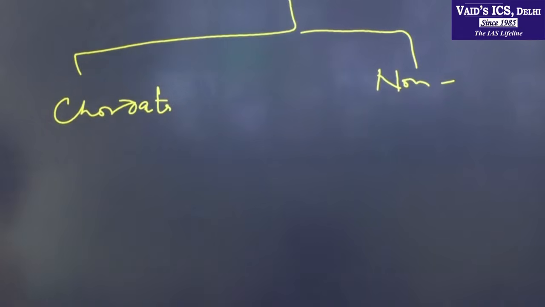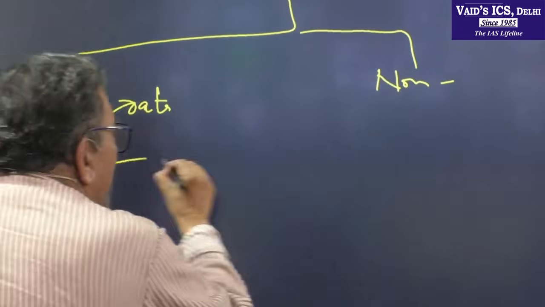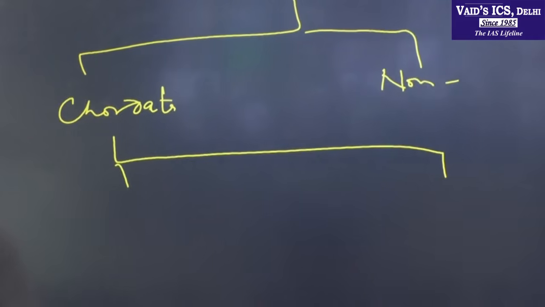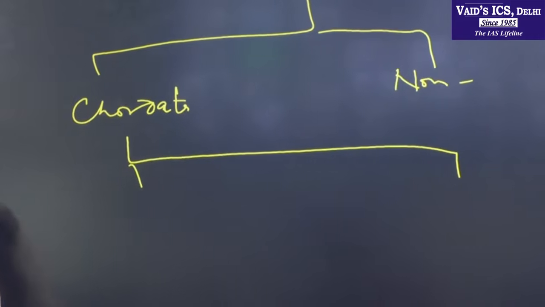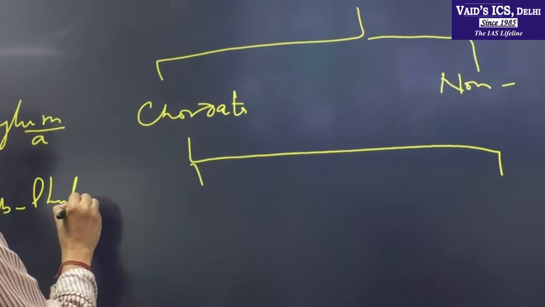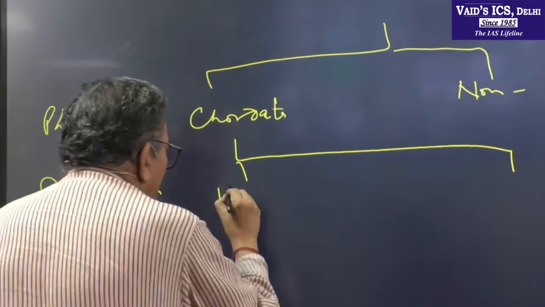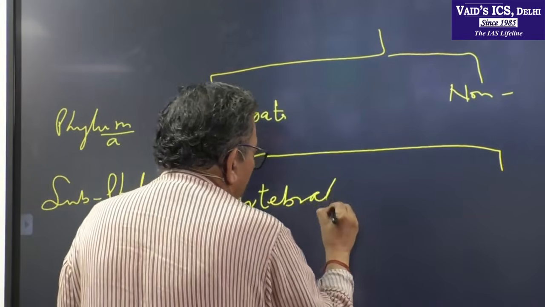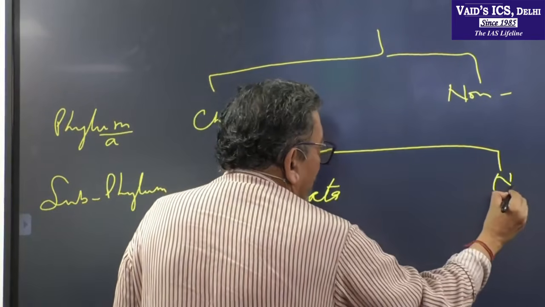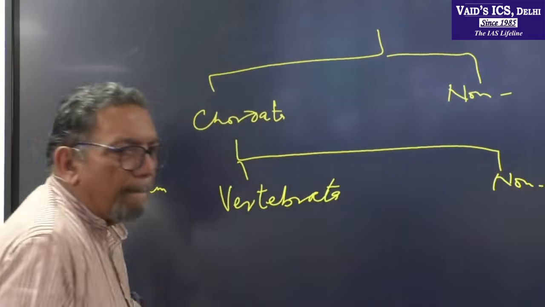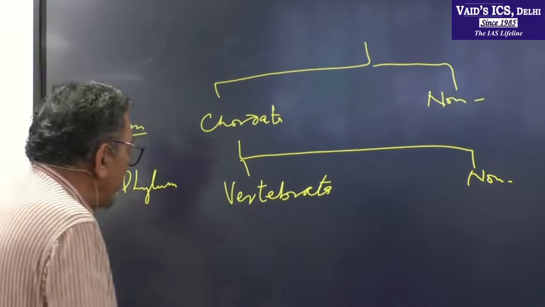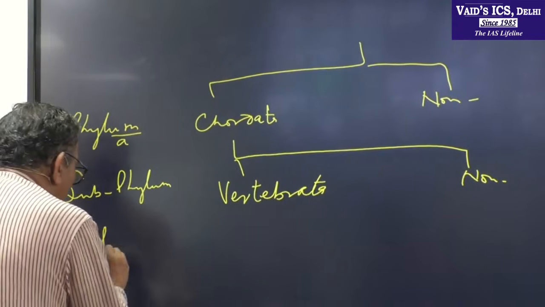We have already known the meaning. Phylum chordata is divided into 2 subphyla, singular subphylum, plural subphyla: vertebrata and non-vertebrata. Again we have discussed their meaning. Vertebrata have 5 classes.